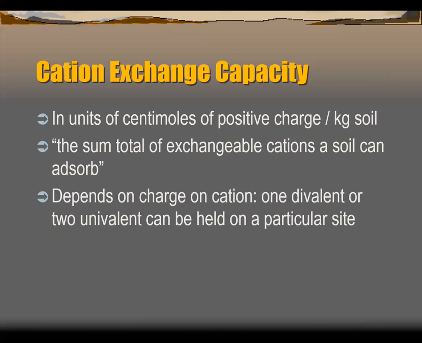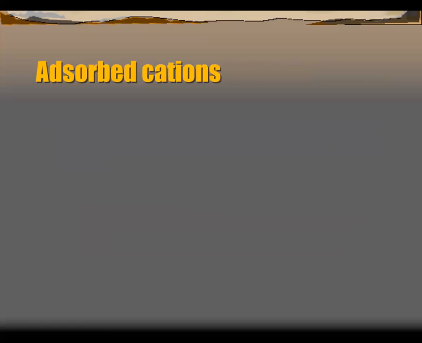And it depends on the charge of a cation. You can either get one divalent like calcium that is Ca2+, or two univalent like potassium. So one calcium, which has a charge of +2, or two potassium that each have a charge of +1. It's sort of an additive thing.